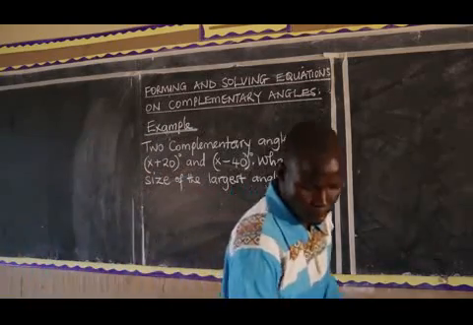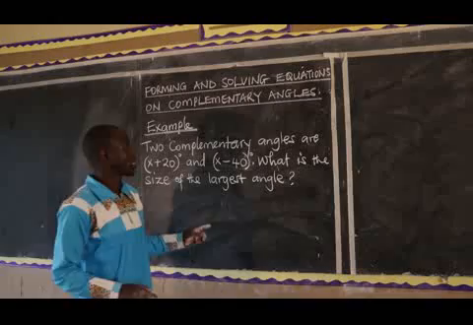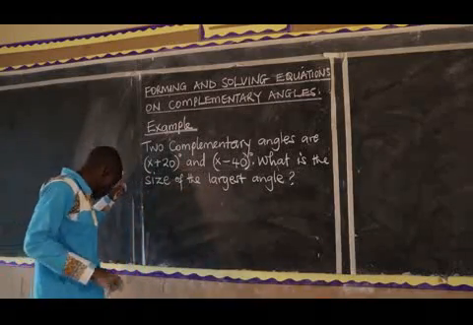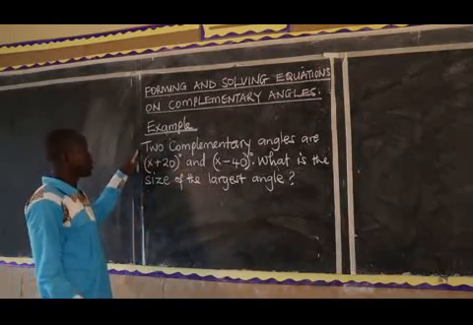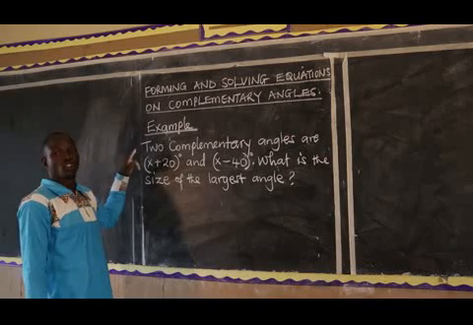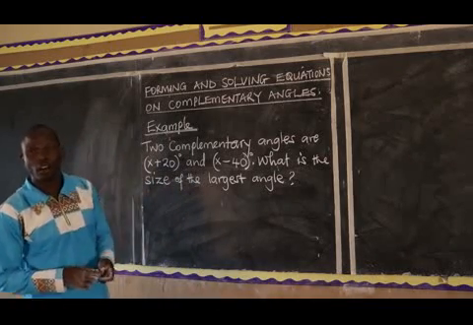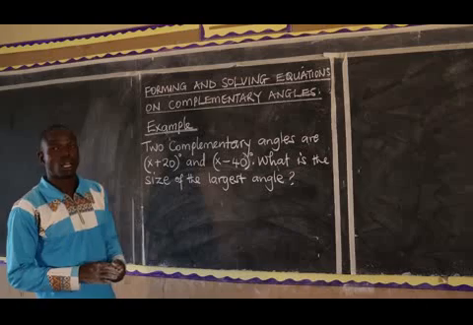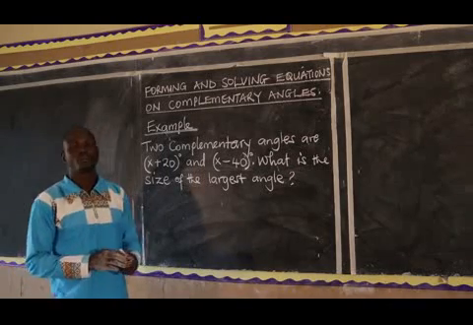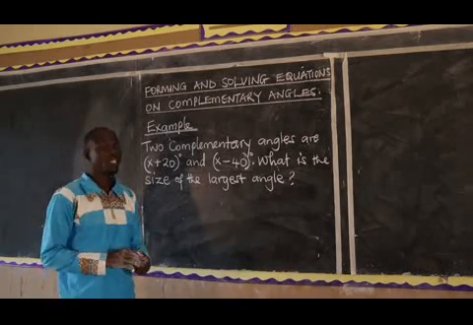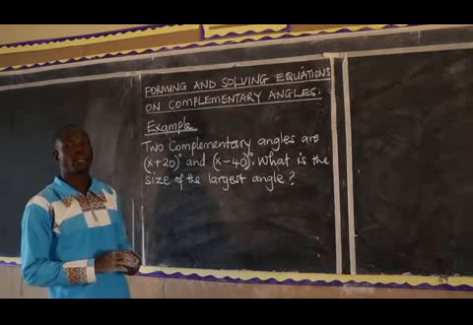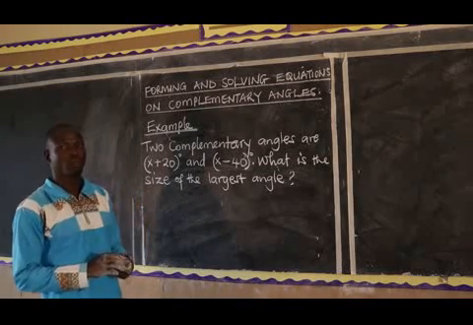Well, children, boys and girls, this is our example. It says two complementary angles are x plus 20 degrees and x minus 40 degrees.